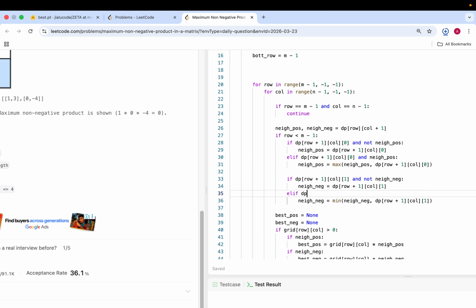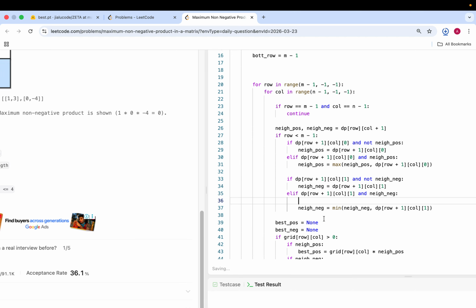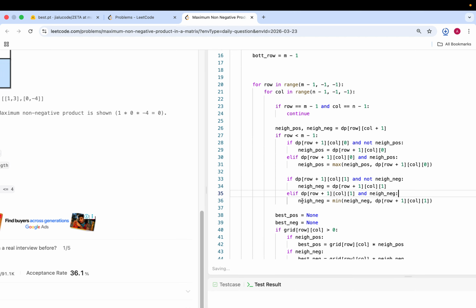Elif, if they're both existing, and this is also good, then this.